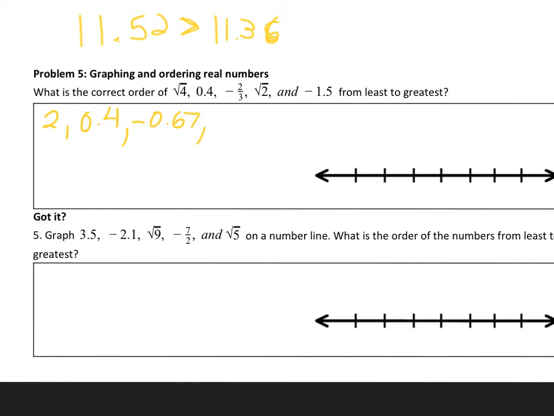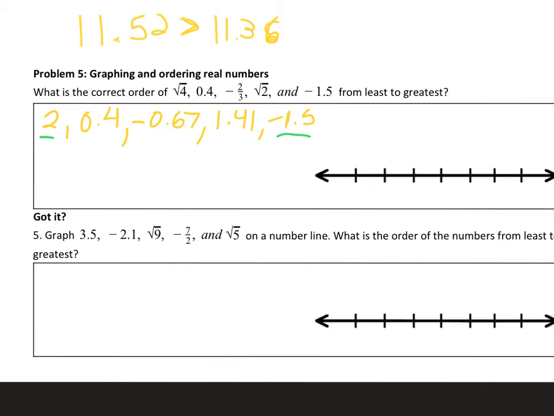Square root of 2 is about 1.41. And then we have negative 1.5. So it's kind of a lot of numbers here. Seems like a small number line, but we can look at this and say, okay, my biggest number, I can say off the bat, my biggest number is 2. My largest number, my greatest number, and my least number is negative 1.5.